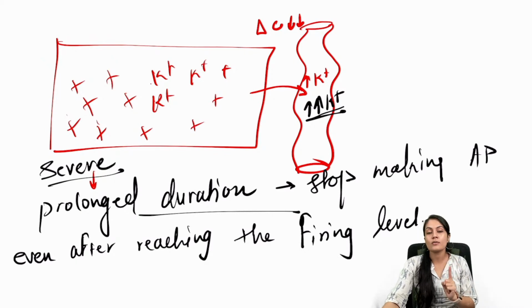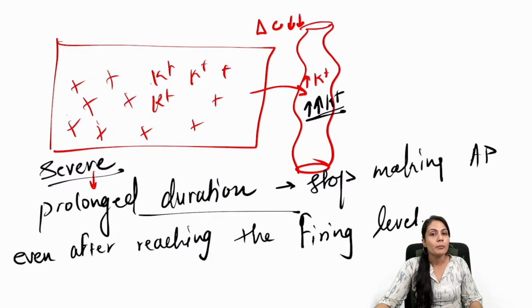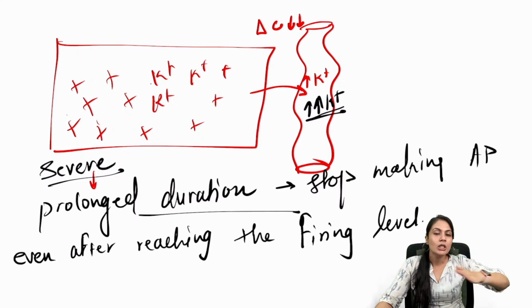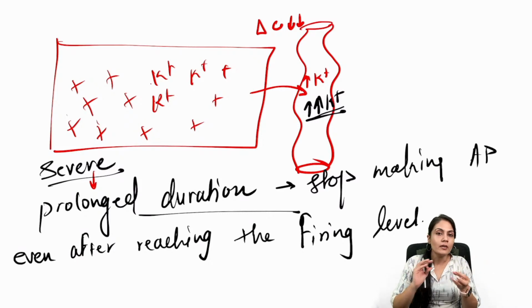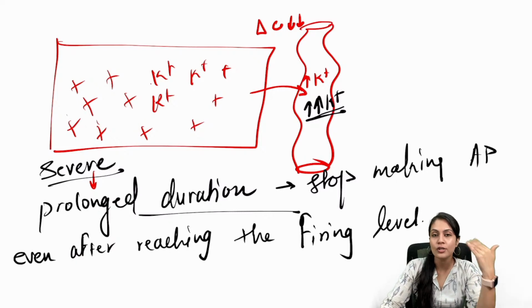When we discussed this in the last lecture, we discussed accommodation and adaptation in the properties of nerve, right? In that I told you that a slow rising current also does something similar with the sodium ions, but it's a somewhat different phenomenon, though somewhat similar. Even if the potential reaches up to the firing level, it won't produce the action potential.